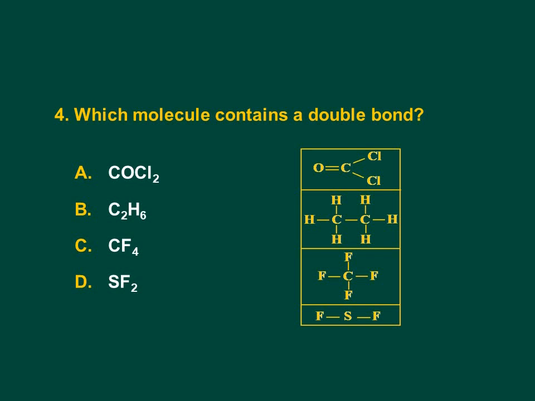CF4, one carbon atom is linked to 4 atoms of fluorine with 4 single bonds. And SF2, one atom of sulfur is linked to atoms of fluorine with single bonds. So, which molecule contains a double bond? The correct choice is COCl2.